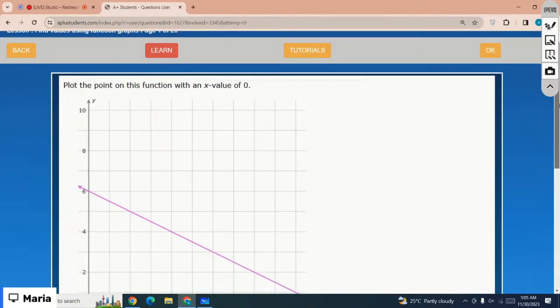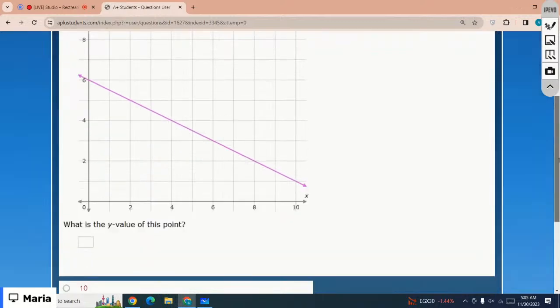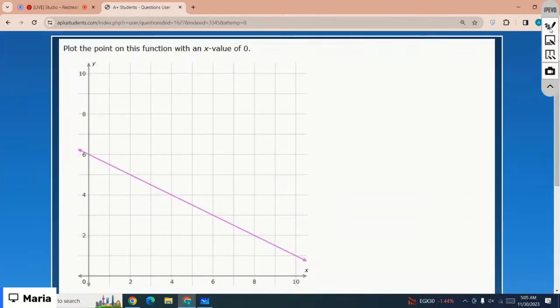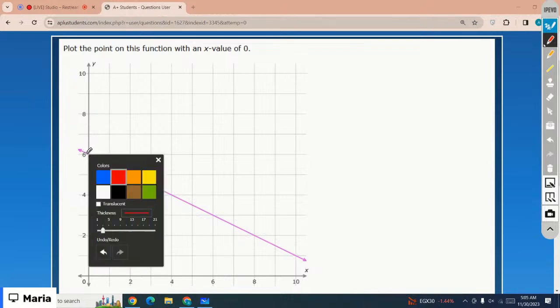Okay, plot the point on the function with an x value of 0. When you plot a point with x equals 0, that means the point must be on the y-axis, because on the y-axis x is 0.